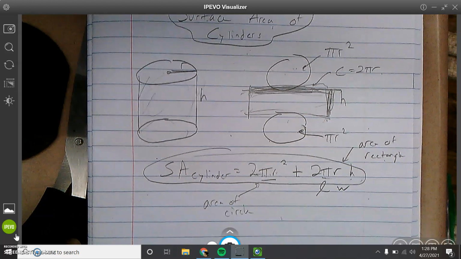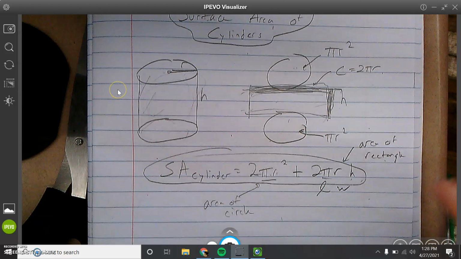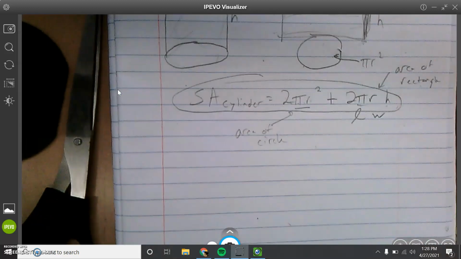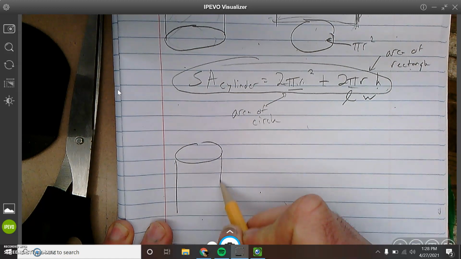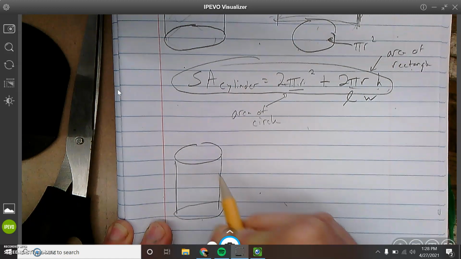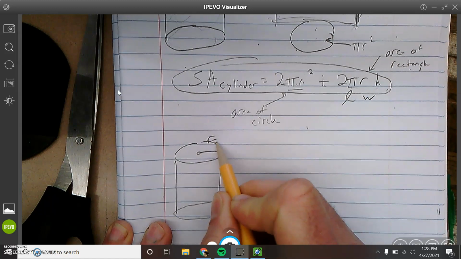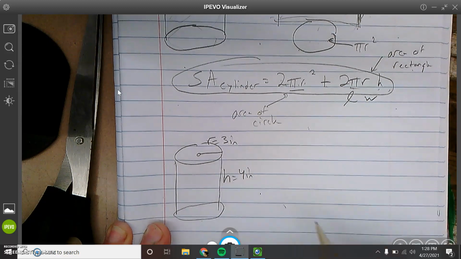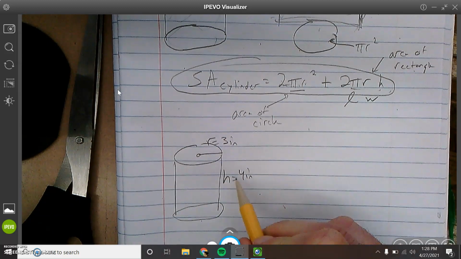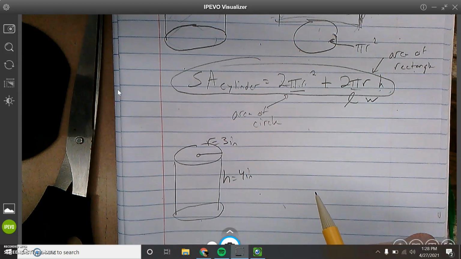Okay, let's do a practice one, shall we? Let's make one up. Let's say the radius is 3 inches and the height is 4 inches. Let's figure out the surface area of this cylinder.